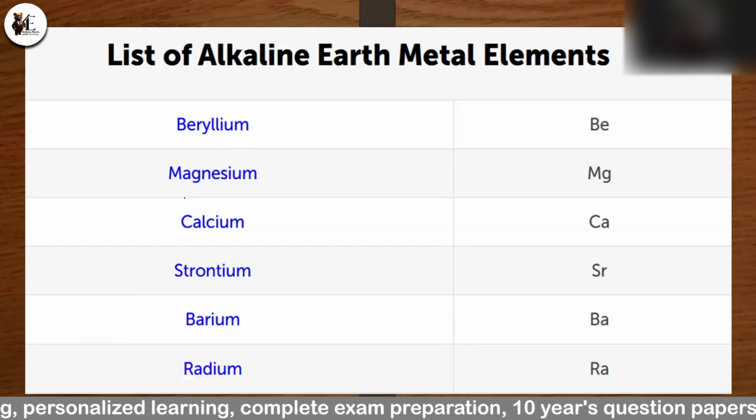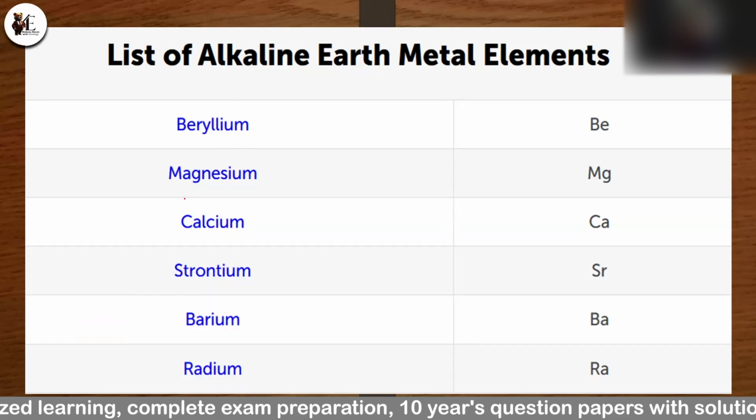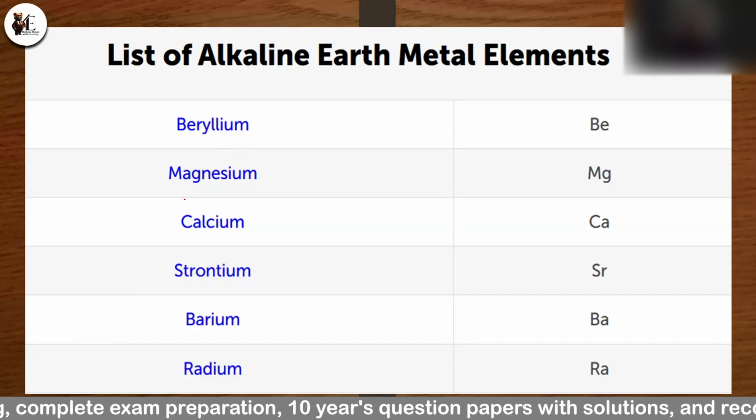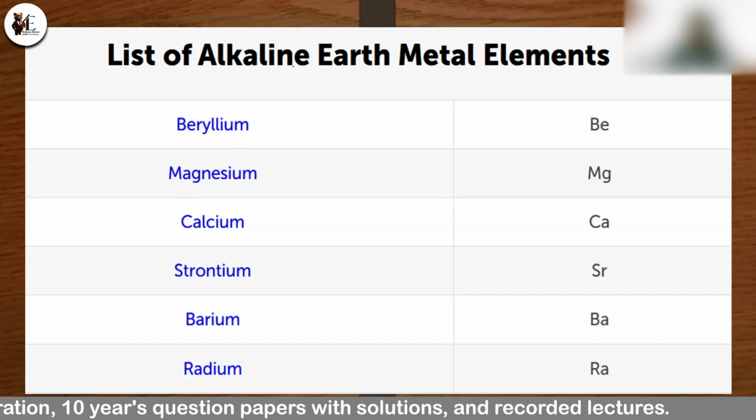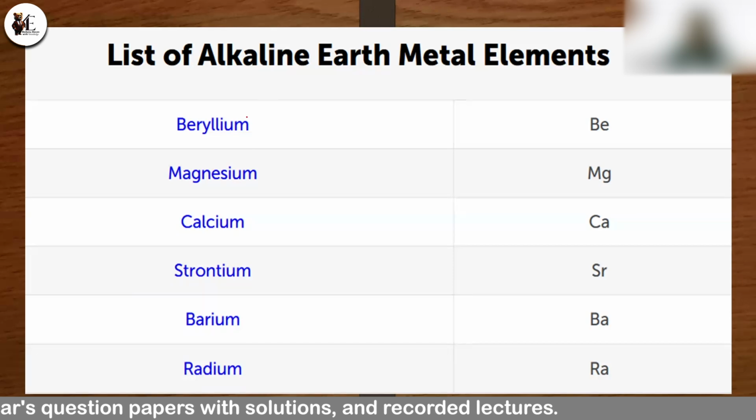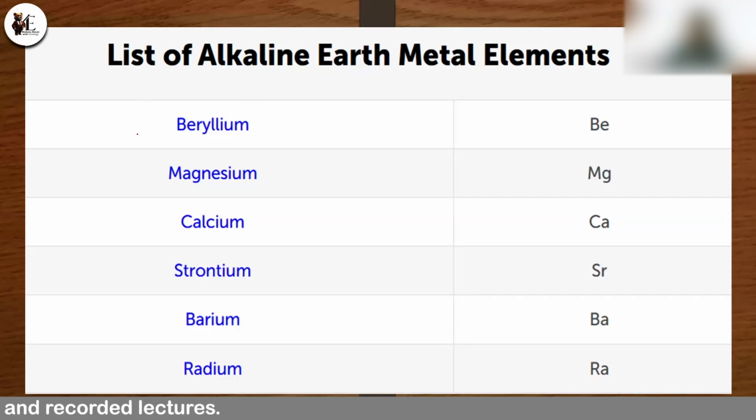What is the difference between alkali and alkaline? We will study this in the next slides, so have some patience. We will study why they are called alkaline earth metals. What can you tell me the names of all alkaline earth metals?